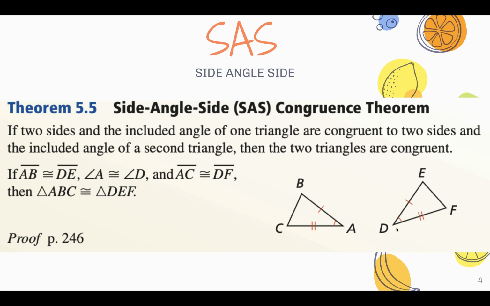And we already know that A matches with D. So AB matches with DE. That's how we know that B matches with E. And then by the same reasoning, C would match with F. AC has 2 congruence marks, DF has 2 congruence marks.